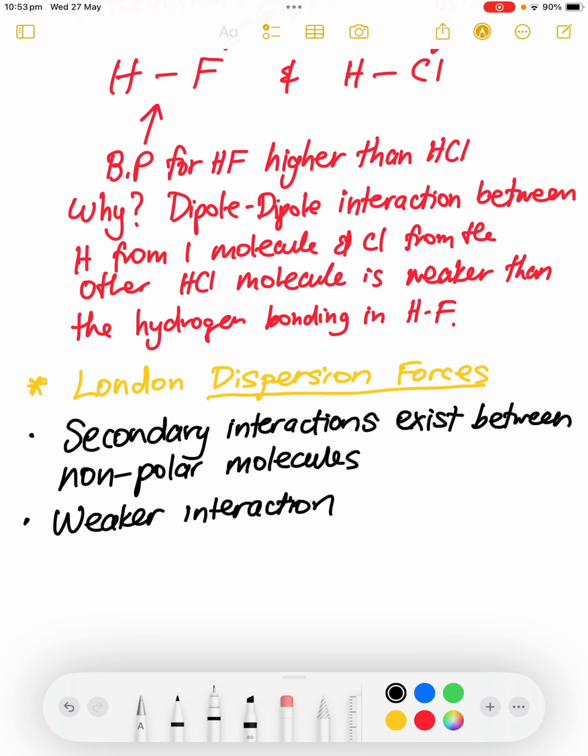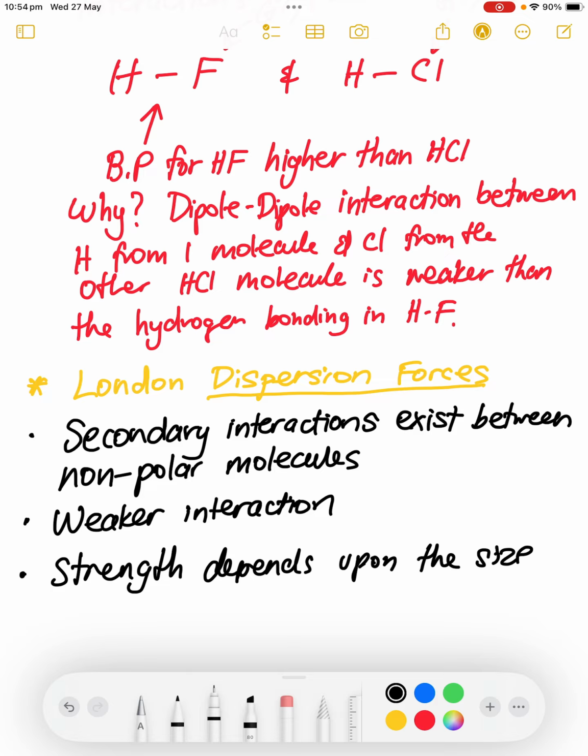As I said, the strength of the dispersion forces depends on the size and shape of the molecule. So strength depends upon the size and shape of a molecule.